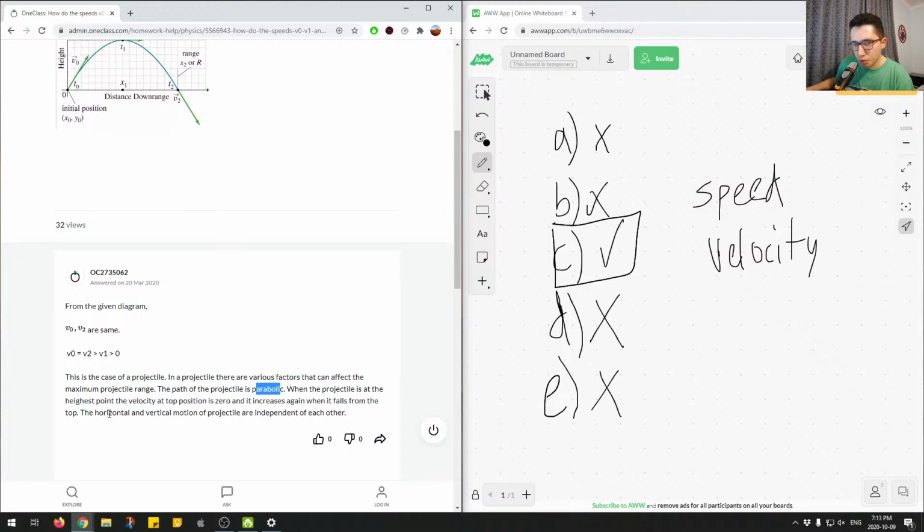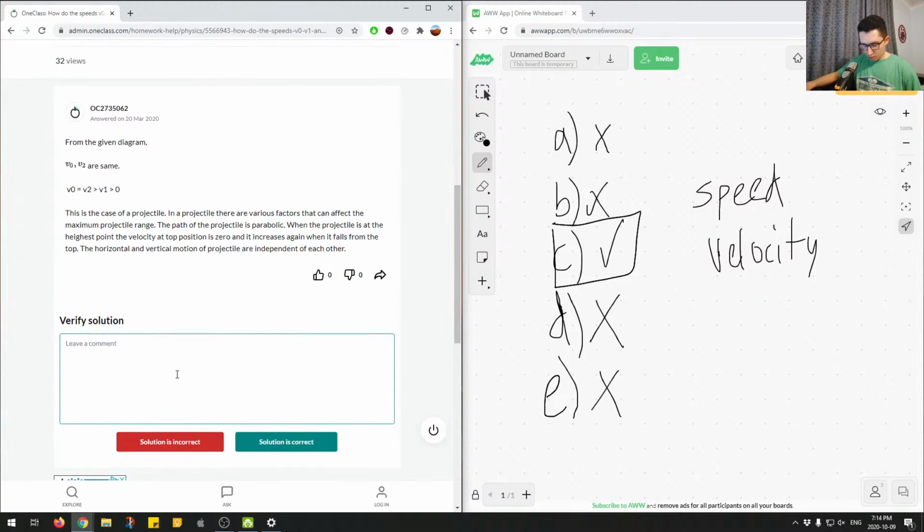So we can see that the horizontal in the x-axis and the vertical in the y-axis, these motions are independent. So this answer is correct. Great job. Okay, so we'll mark this solution as correct.